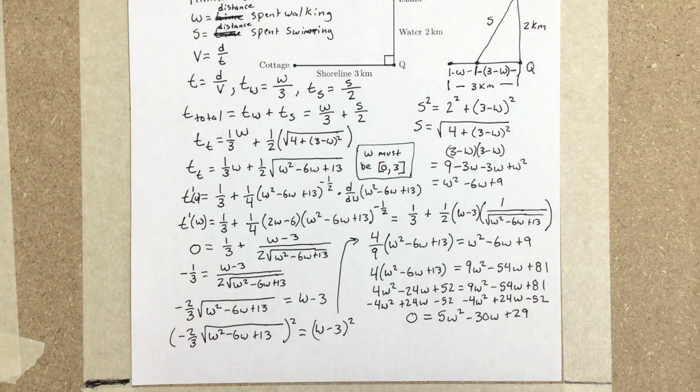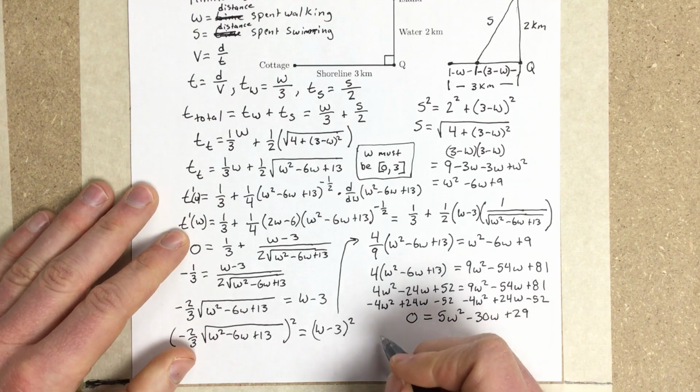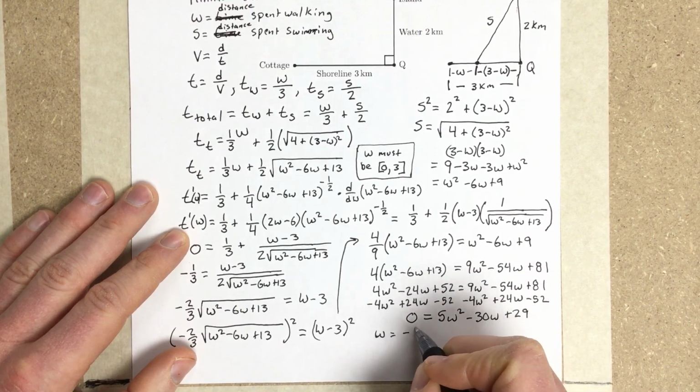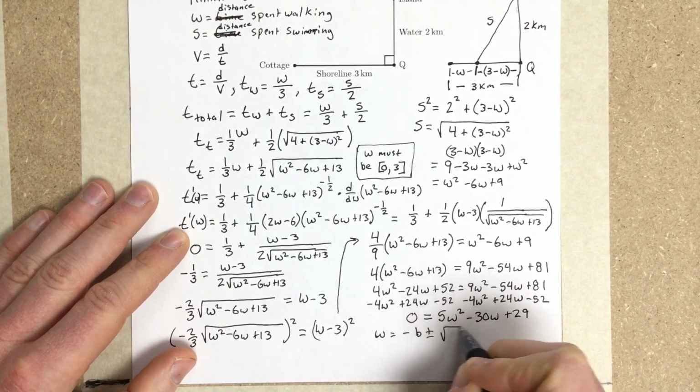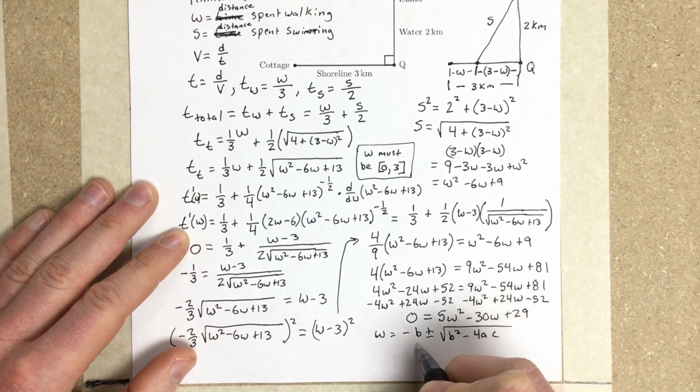So now I'm going to use the quadratic formula. w is equal to negative b plus or minus the root of b squared minus 4ac, all over 2a.